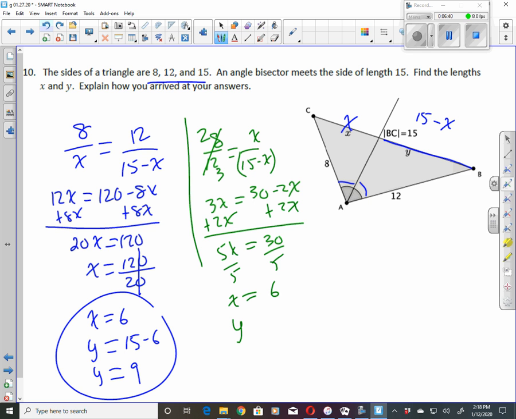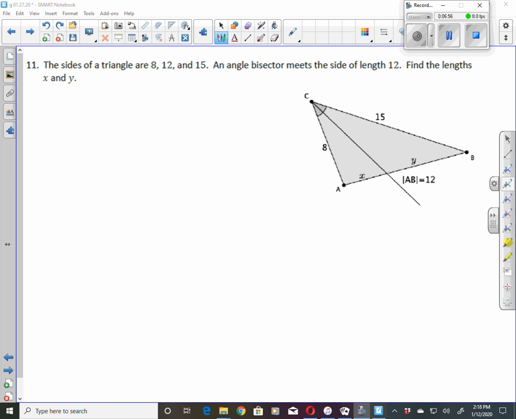Therefore, y is equal to 9, or 15 minus 6, which is 9. So depending on how you set these up, just don't mix up your proportion. I'm going to have you stop the video and work 11 and 12 yourself, and then I'll give you the answers.